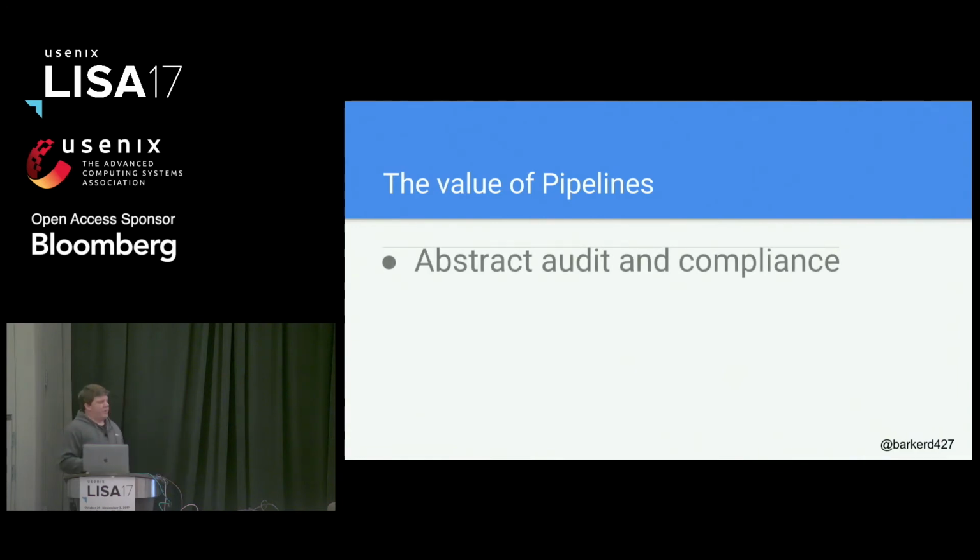So for these pipelines, we get to abstract audit and compliance from the app team. So we take that burden out for all of our financial and health regulations, and we can control that centrally. So we can write code that helps us stay within compliance, and that the audit team at DST likes, so that they can see all of the results for all of the different applications across the company.